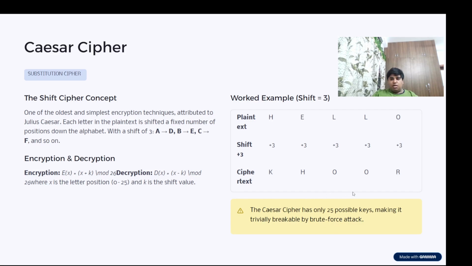One of the major things to note is that the Caesar cipher has only 25 possible keys, making it trivially breakable by brute force attack. So these kinds of classical techniques cannot be used in today's modern era, because with only 25 possible keys they are vulnerable to brute force attacks.